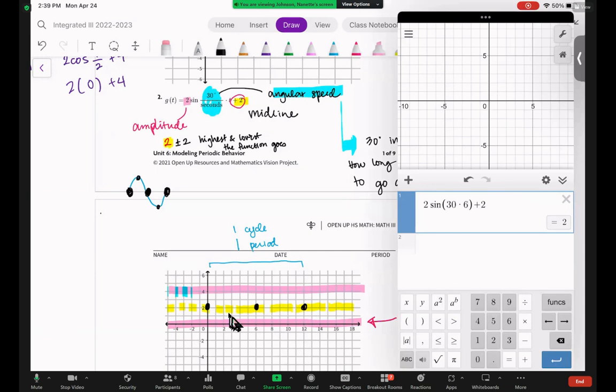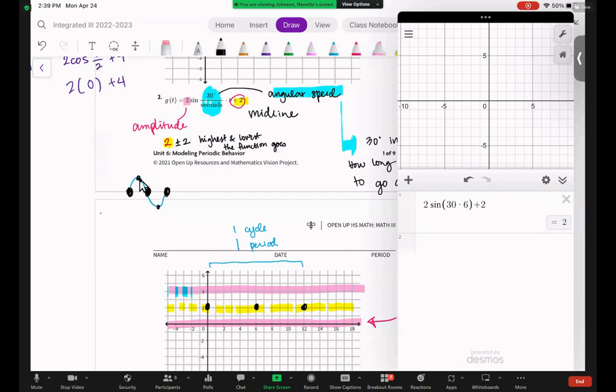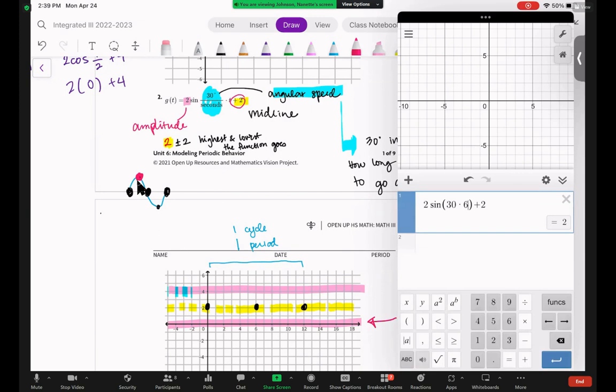Now what I want to do is I want to figure out when it's at its highest. So what do you think this one would be? Let me change colors just so you guys can see. When do you think that one would be? Yeah.